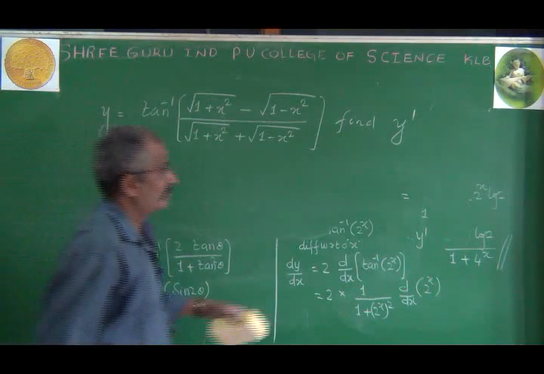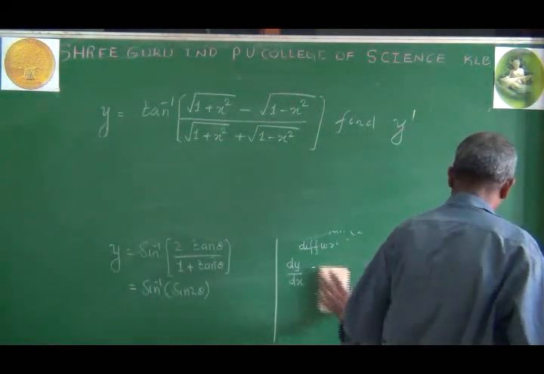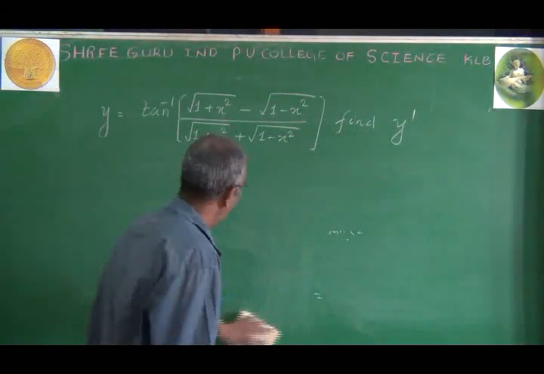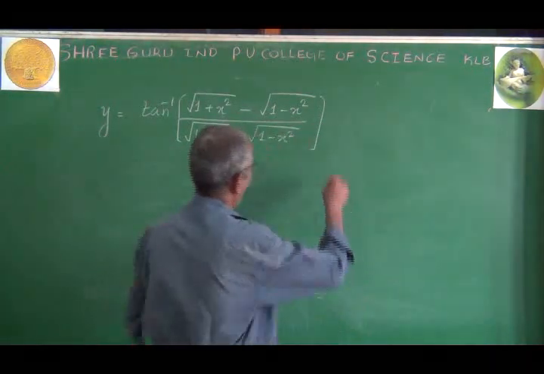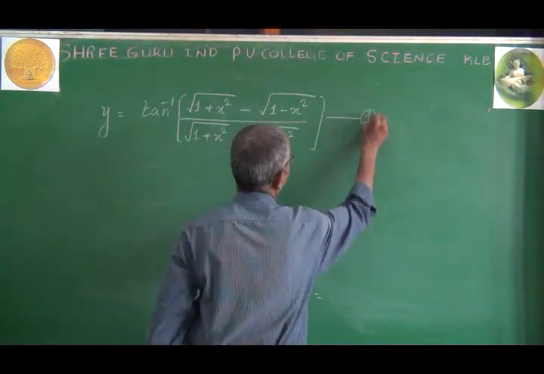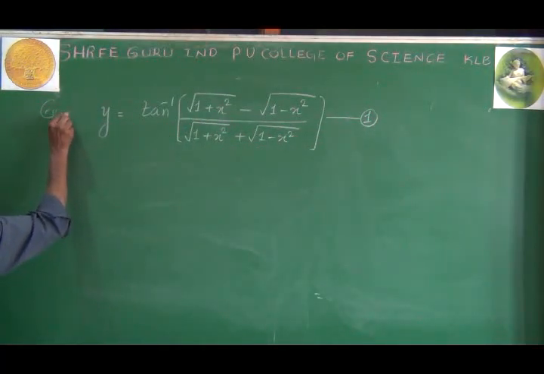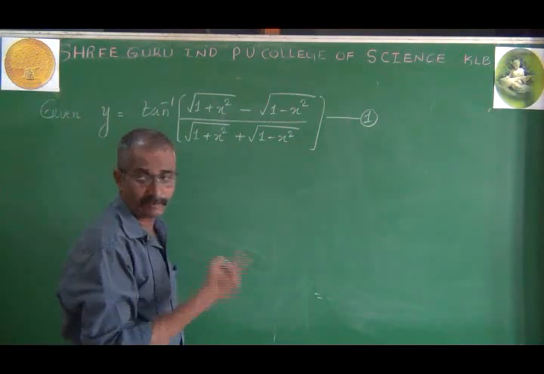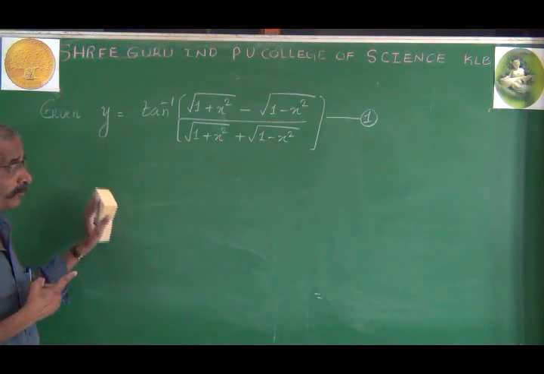Solution. First write the given problem yet again. Let's consider the given function, call it 1. Now see the list of the table. In the last hour I mentioned the table where you have to opt for the proper substitution.